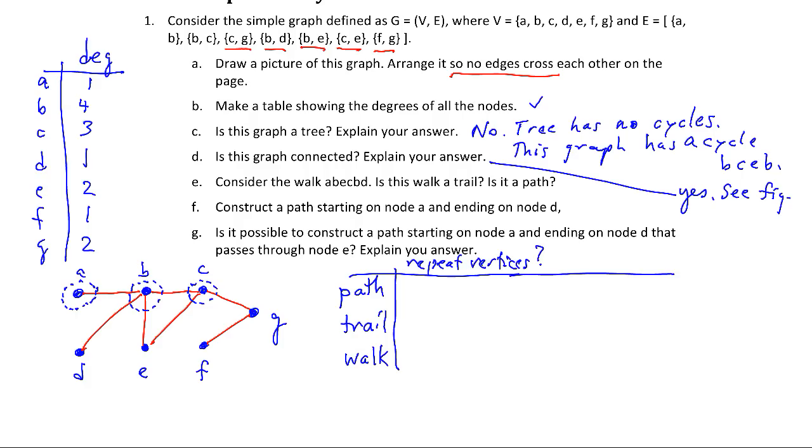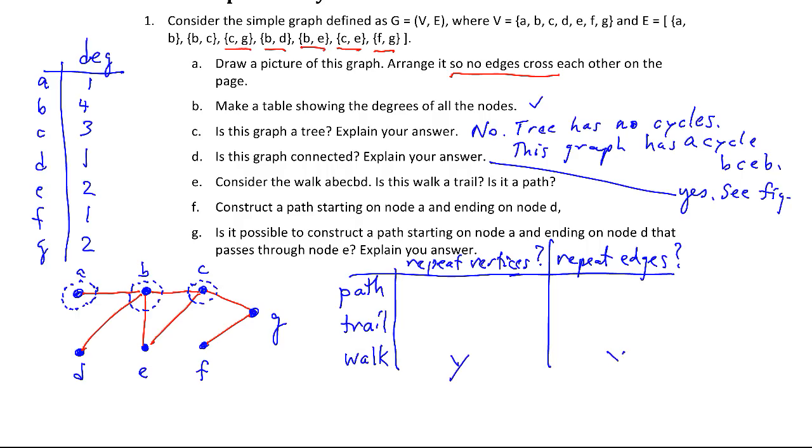Note that it's possible to repeat a vertex without repeating an edge. A walk can repeat both of them.